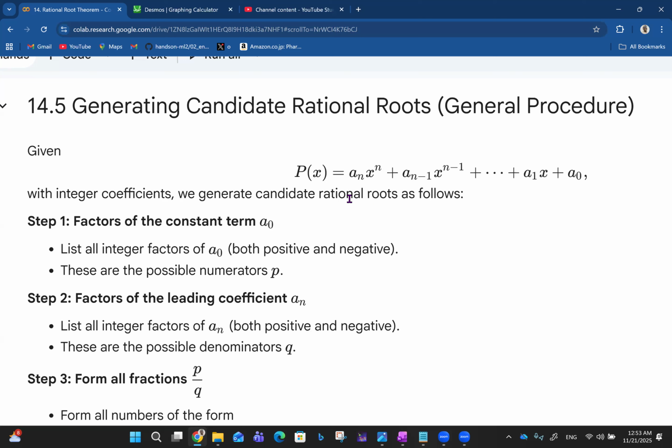So given p of x equals a n x to the n and so on, with integer coefficients, we generate candidate rational roots as follows. Step 1, factors of the constant term a naught. Pick any possible factors of a naught and begin to try. Like in the 10th video, you discover that the constant was 24.